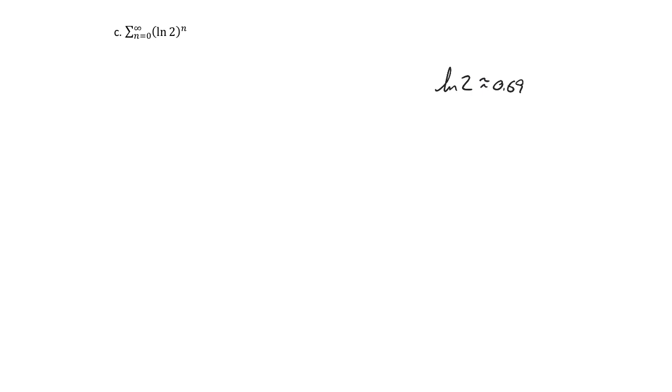Okay, so the first term would be natural log of 2 to the 0th, which would be 1. The second term would be the natural log of 2 to the first, and then the natural log of 2 squared, the natural log of 2 cubed, and so on. Hey, look what we have here again. We have the same quantity raised to different powers.